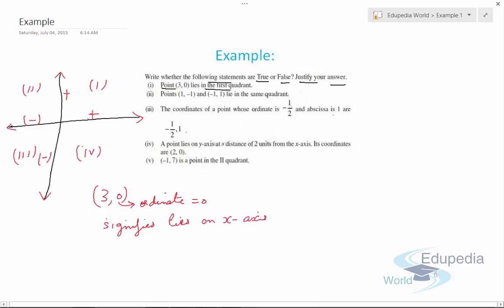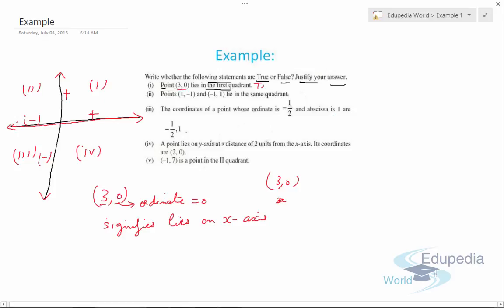So this point will lie on the x-axis, this axis, and we can clearly see that both numbers are positive, like 3 and 0. 3 is positive and 0 is also positive, which signifies that this point will lie in the first quadrant. So the point (3, 0) lies in the first quadrant.